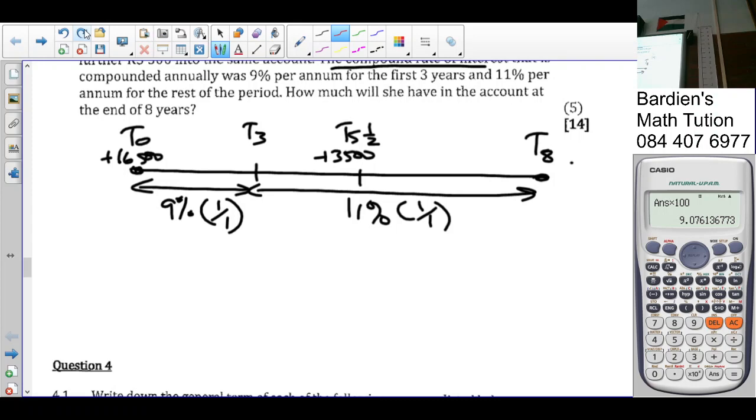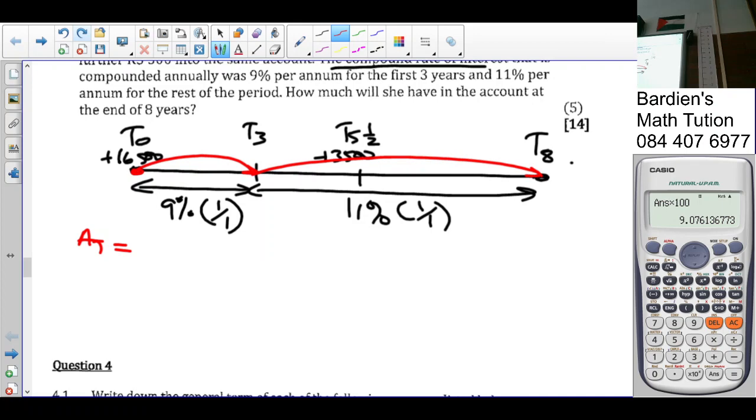But I'm going to do it a different way now. So the total at 8 years is equal to, what I do is I consider that 16,500 Rand to the end. You take it only where the interest rate changes. So it's 16,500 until the interest rate changes here, and then to the end.